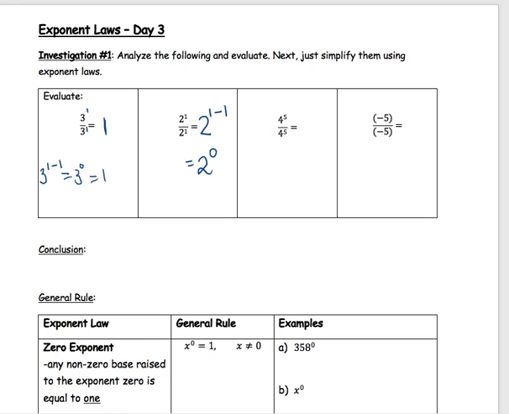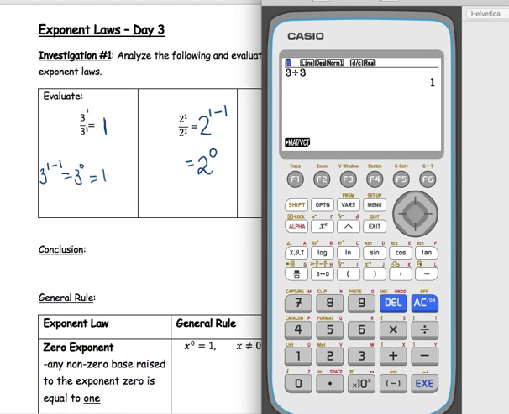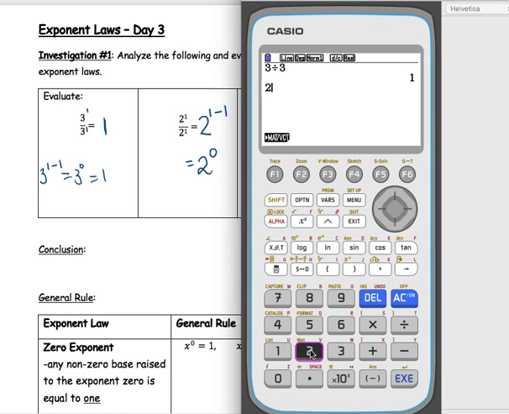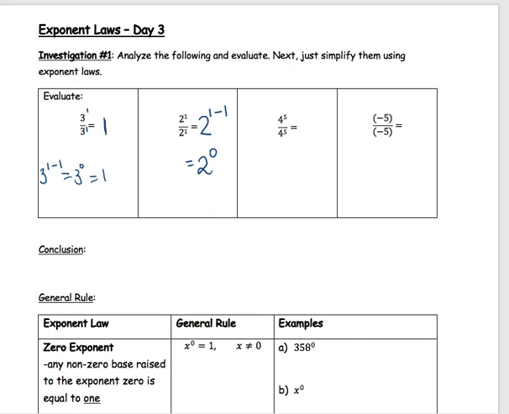If you get an exponent of 0, you can even try it on your calculator. You go 2, and then the exponent button on this calculator is this roof button here, 0, equals 1. On your calculator, the exponent button could look like x to the y.